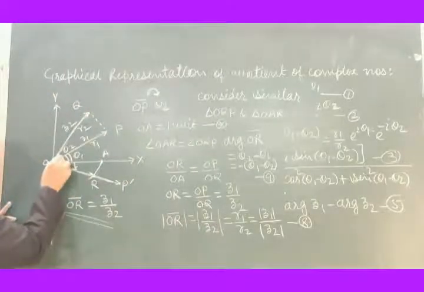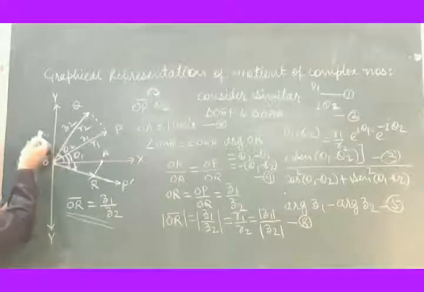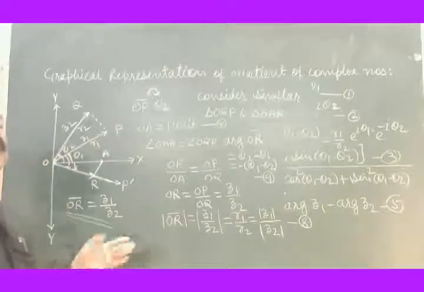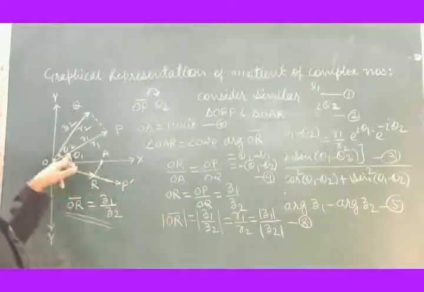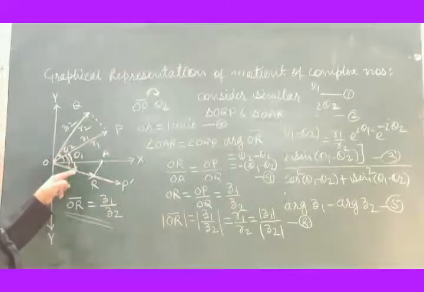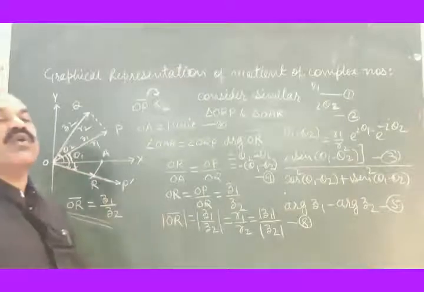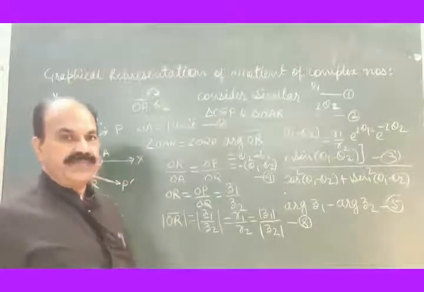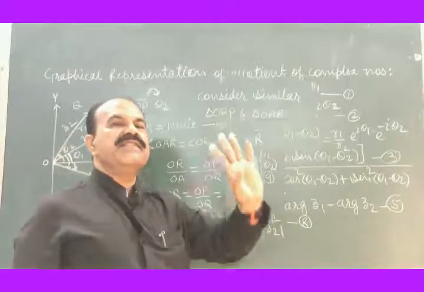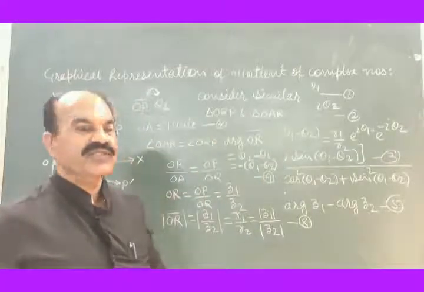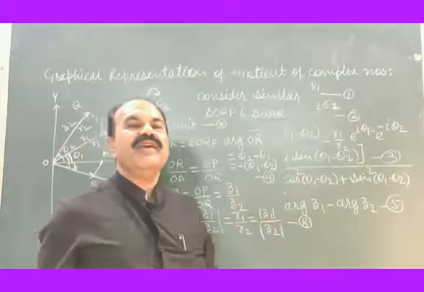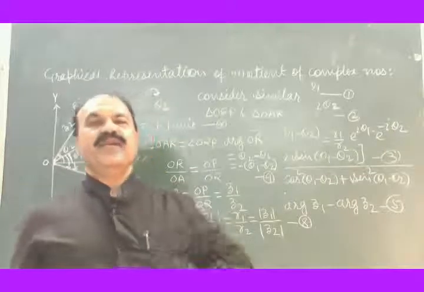Theta 2 and theta 1 are measured from the x-axis in the anti-clockwise direction, and therefore they are positive, whereas this angle is negative because it is measured in the clockwise direction. If we measure this in the anti-clockwise direction, it will be simply theta 1 minus theta 2. And so argument of OR will be argument of Z1 minus argument of Z2.